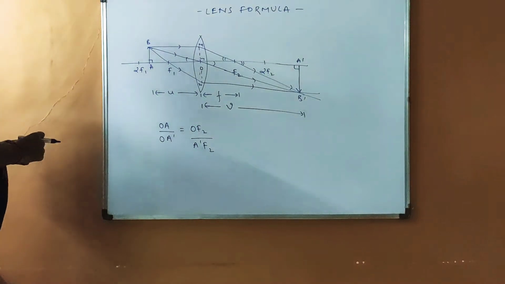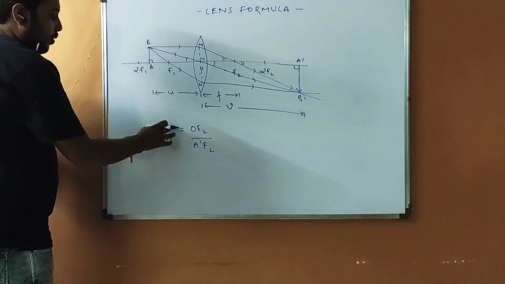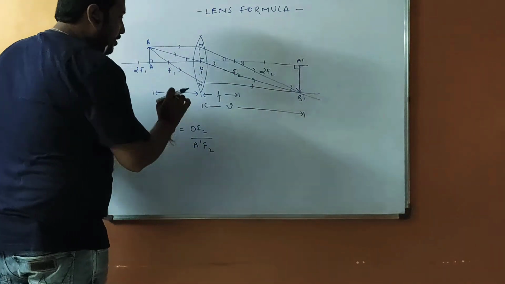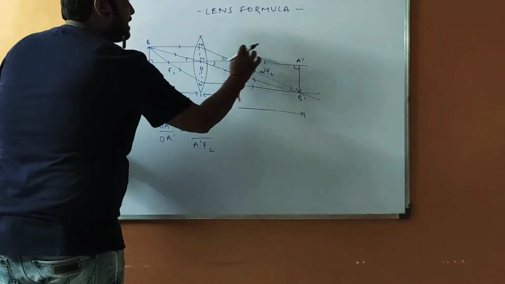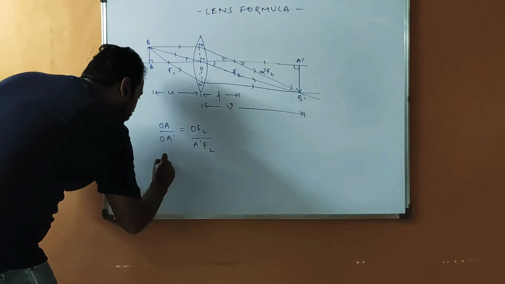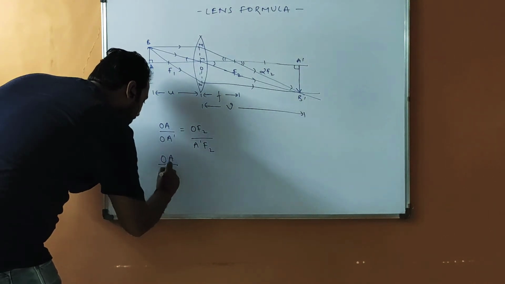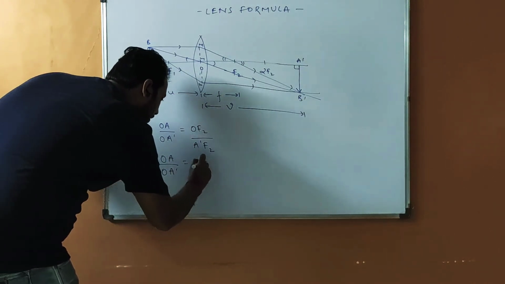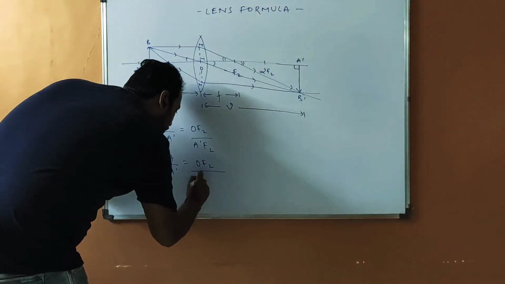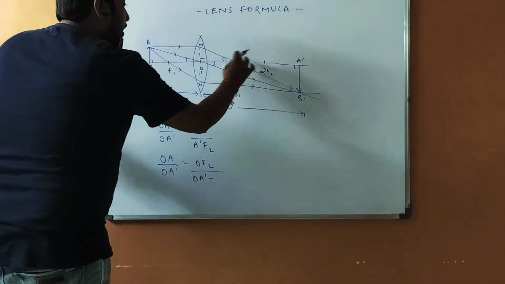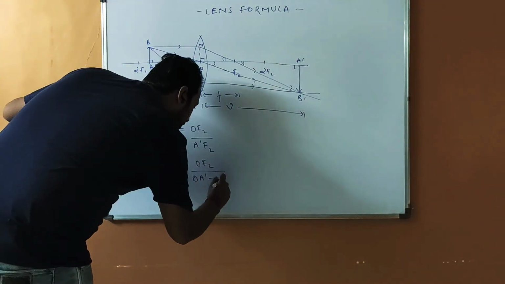We know the value of OA, we know the value of OA dash, we know the value of OF2. We do not know the value of A dash F2. A dash F2 can be written as OA dash minus OF2.